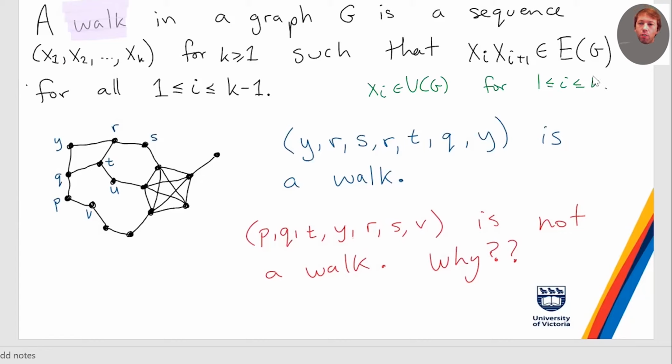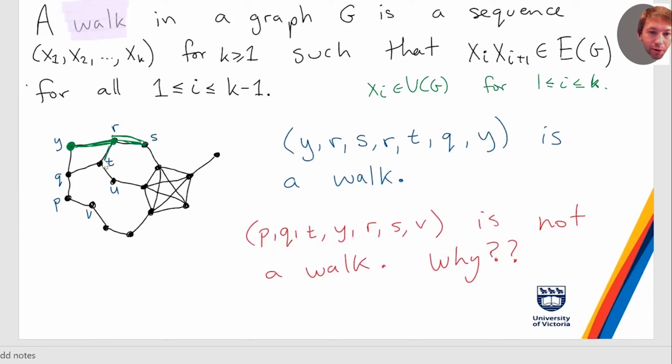Formally, a walk is a sequence of vertices x1 up to xk for some k at least 1, such that if I look at consecutive vertices, they are adjacent. So xi is adjacent to xi+1 for all i between 1 and k-1. For example, in this graph, if I take y, r, s, r, t, q, y, that's a walk, right? Because I start at y, I go to r, I go to s, I go back to r, so you're allowed to go back and retrace your steps.